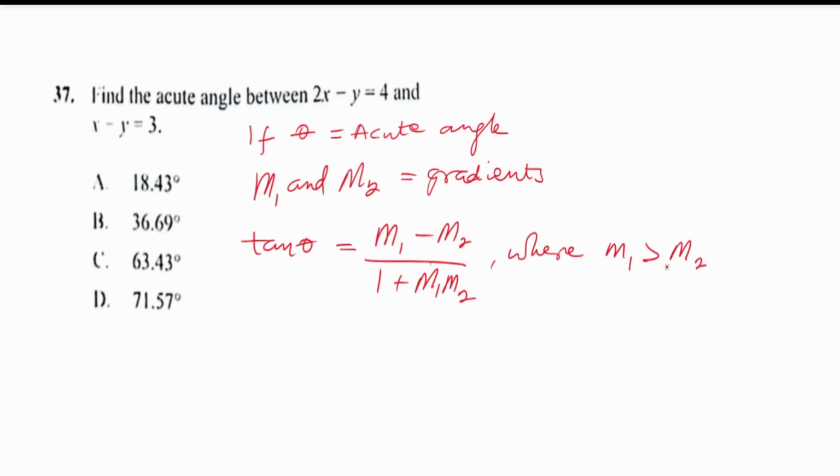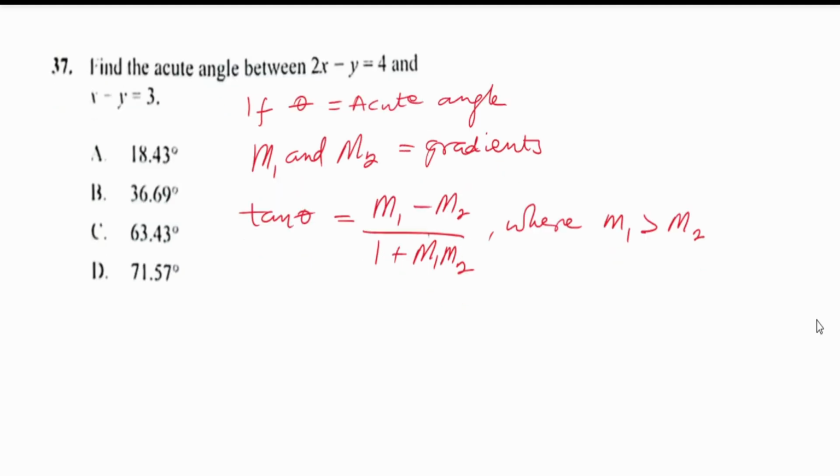And I will break this down further. But then let me go straight to solve for the gradient of each of the lines. Then now we solve for theta, which is the acute angle between them. And we are going to do just exactly what we did in question 10 a while ago, making y the subject and taking the coefficient of x as the gradient of each of them. So we take the first line, which is 2x minus y equals 4.